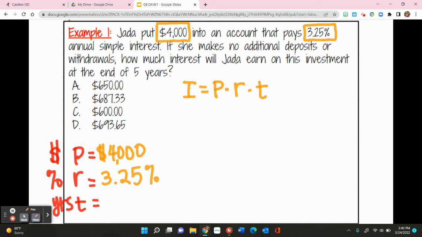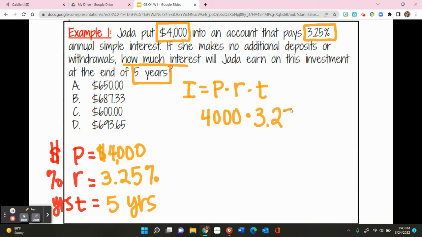Then we want to know how much interest Jada will earn on this investment at the end of 5 years, so my time is 5 years. Now we just plug this into the formula. My principal is 4,000 times my rate, which is 3.25%, times the time, which is 5 years. So you just leave it as 5.